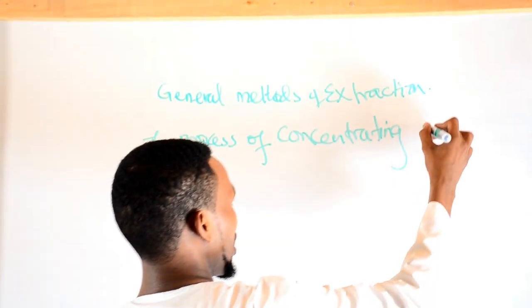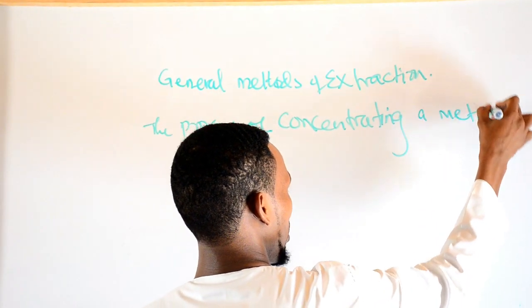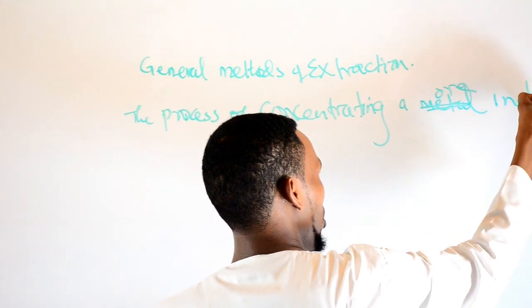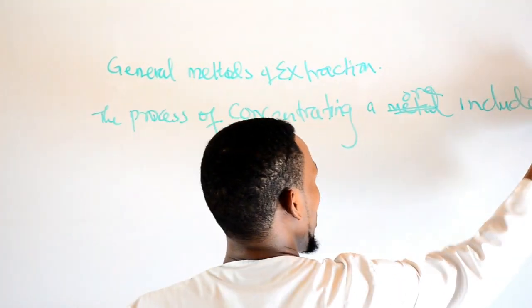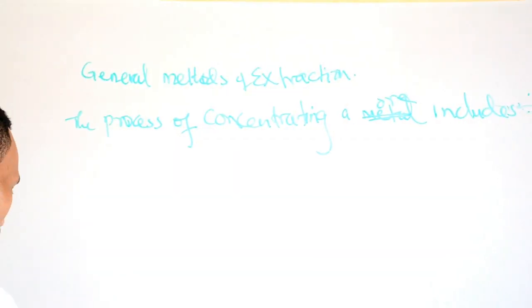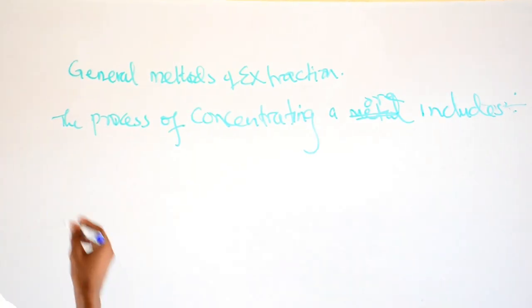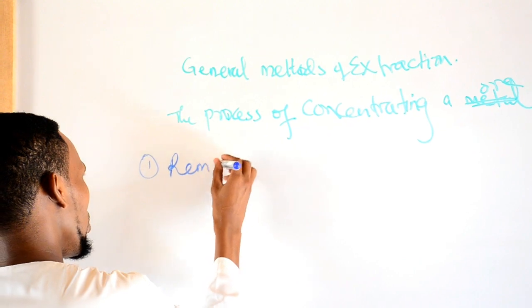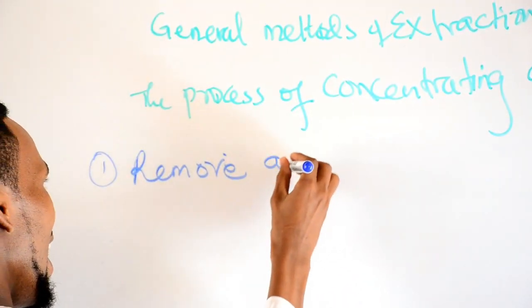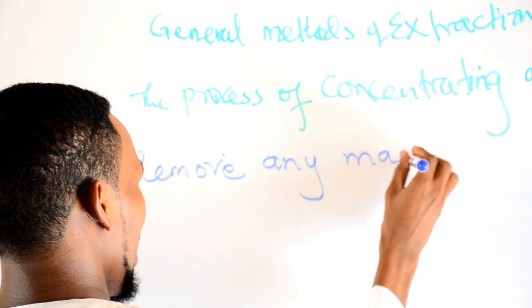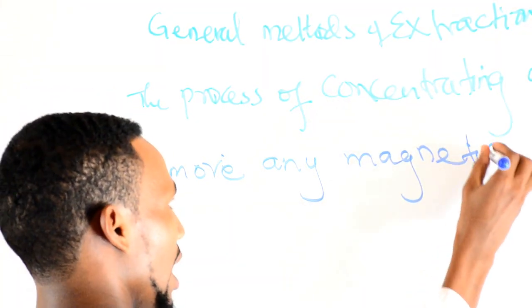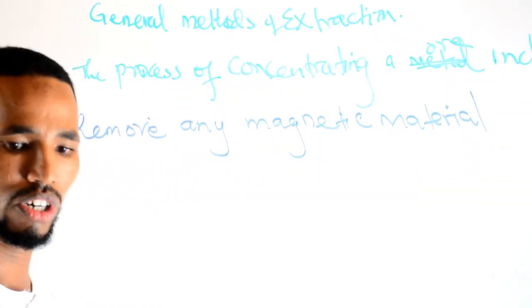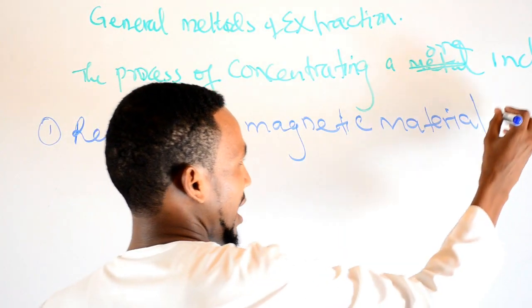So the process of concentrating a metal or an ore includes the following. First, you remove any magnetic material using a magnet.